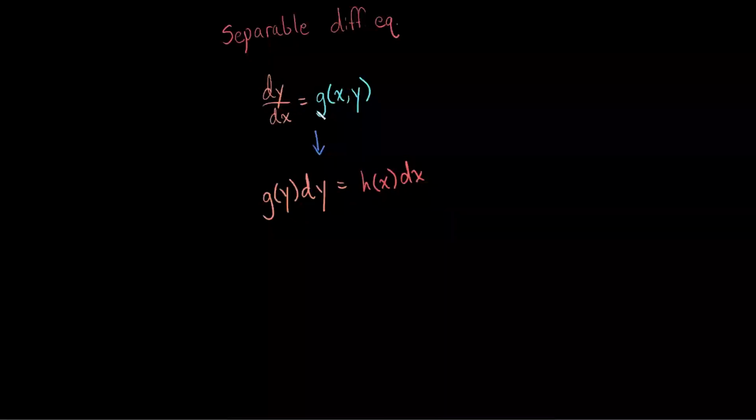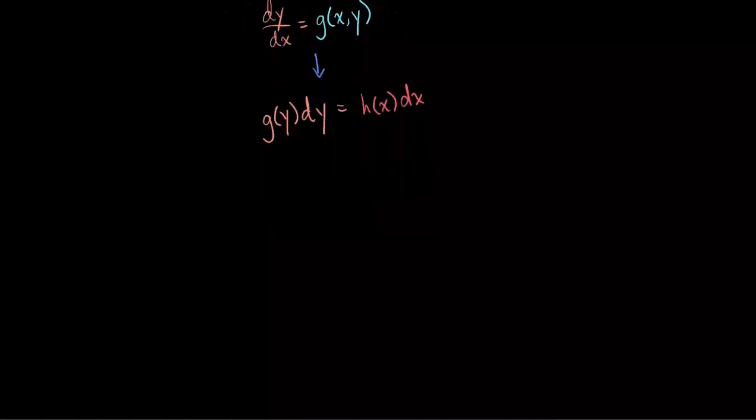So we took some function made up of x's and y's, and we separated it into two different functions made up of only y's and only x's. So that's the goal here today, to separate a differential equation.